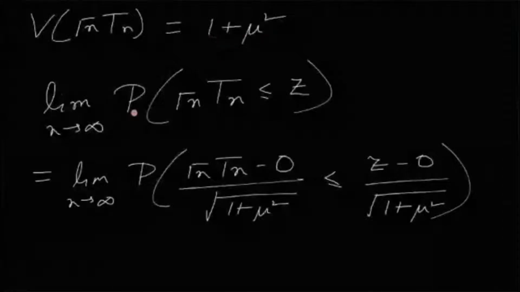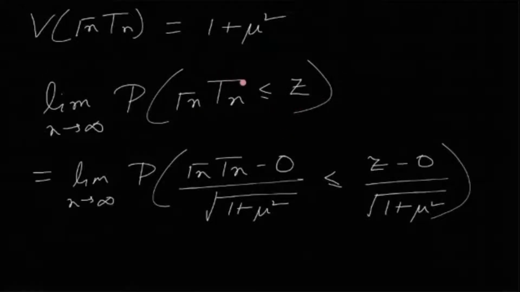Now, coming back to the problem, the limit as n tends to infinity of the probability that root n into Tn is less than or equal to z. We are standardizing the entire thing. This is a random variable, so we standardize it by subtracting its expectation and dividing by its standard deviation. That means root n into Tn minus its expectation, divided by the standard deviation. The variance is 1 plus mu squared, so the root of 1 plus mu squared is the standard deviation.